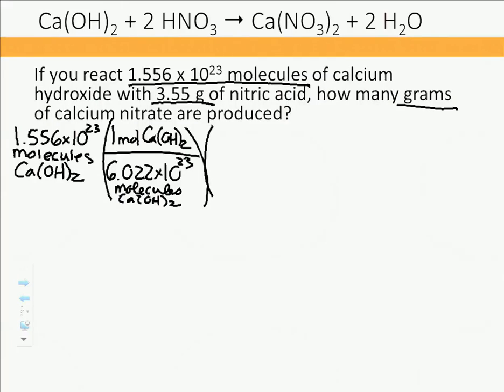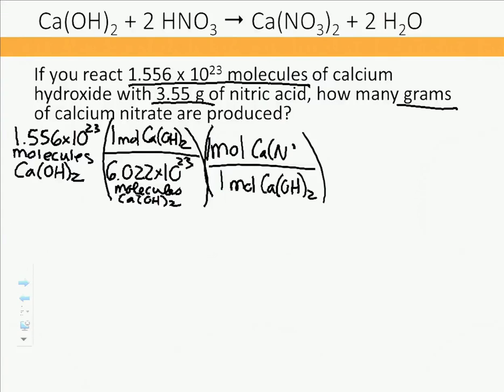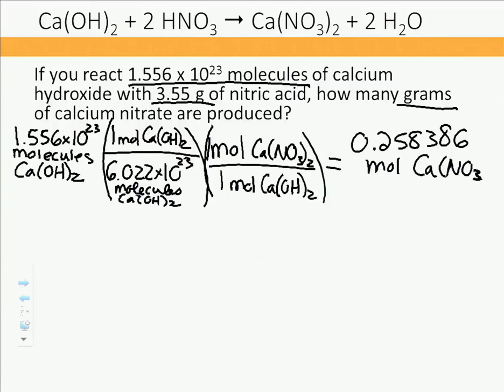So I'm going to go ahead and convert moles of calcium hydroxide into moles of calcium nitrate. And it's at a 1-to-1 ratio. So 1.556 times 10 to the 23rd divided by 6.022 times 10 to the 23rd gives me a total of 0.258386 moles of calcium nitrate.